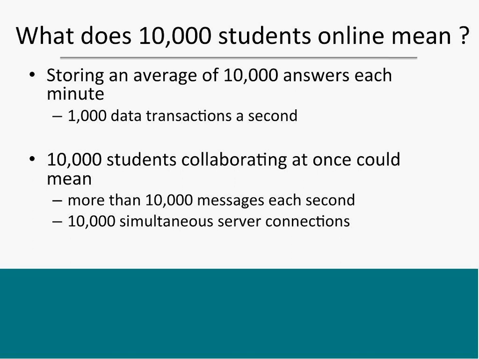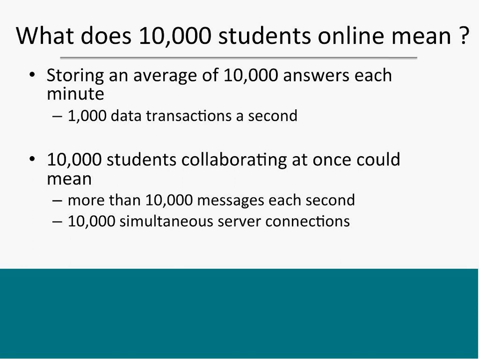What I know at the moment is that when we've got 10,000 students online, there's an average of around 10,000 answers stored each minute. In other words, students tend to answer a multiple choice question about once a minute, so we're generating that many answers every minute.